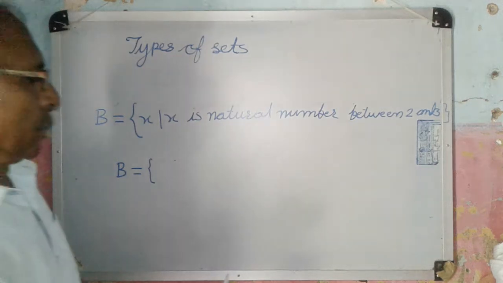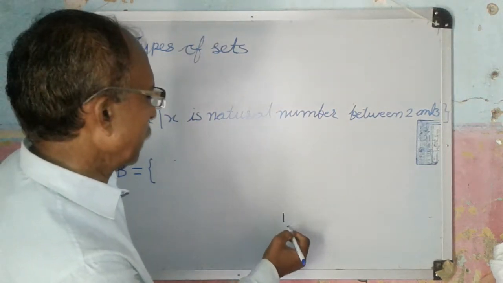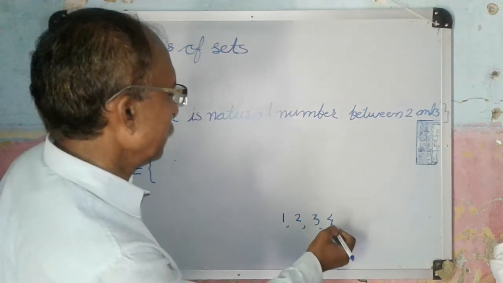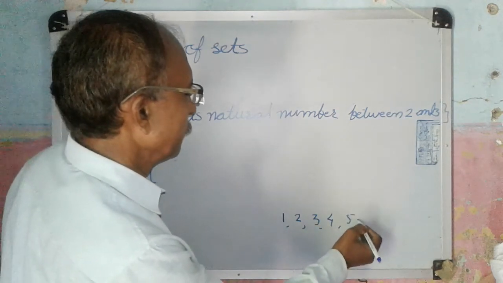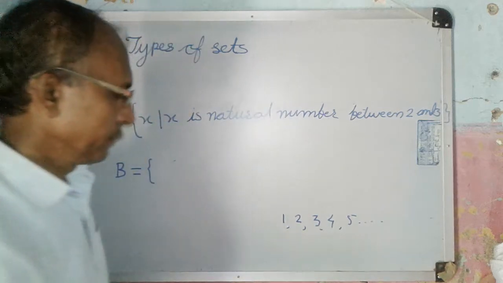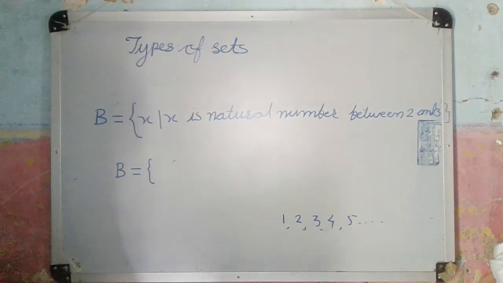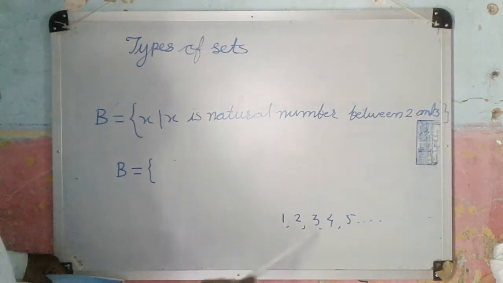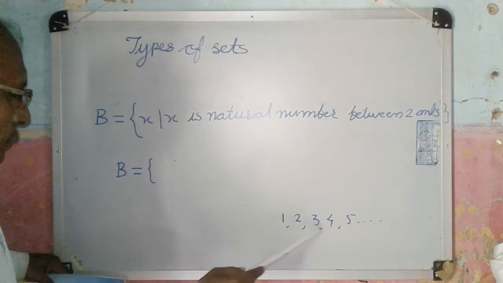Natural numbers are 1, 2, 3, 4, and so on. Now see here, 2 and 3. Between 2 and 3, is there any natural number?